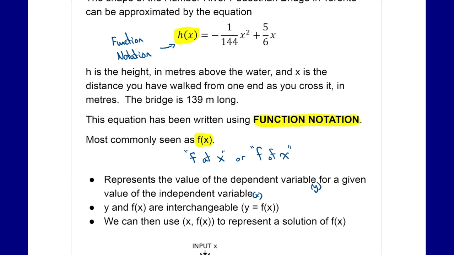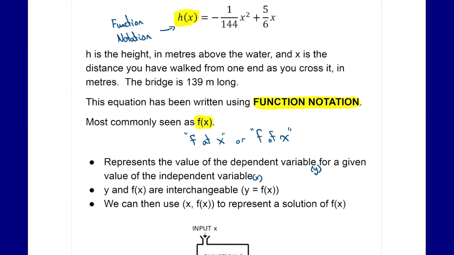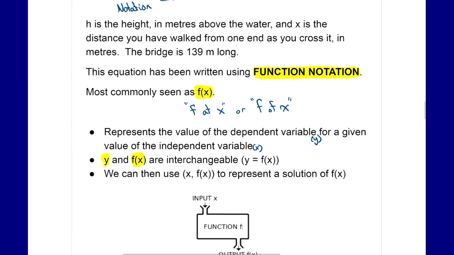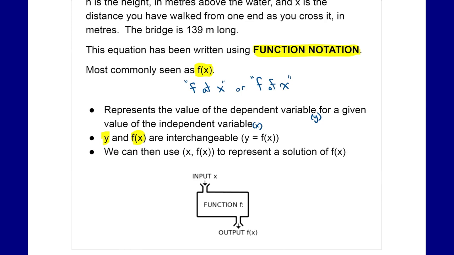Now, when we use function notation, the y and f at x are interchangeable. So we could rewrite, say, an equation or a function, for example, y equals mx plus b. I can rewrite that in function notation as f at x is equal to mx plus b.